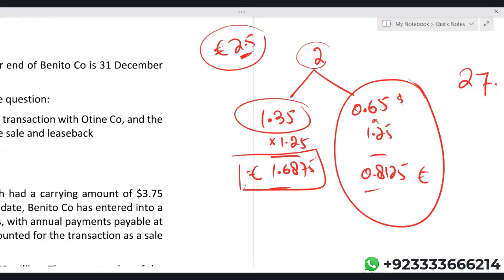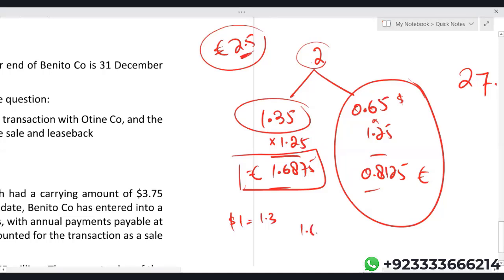Repeat. The value which we have to translate is actually not the entire 2.5 million euro. It is euro 1.6875 million. Now, the exchange rate is $1 equals 1.3 euro. I have to convert that into dollars so that we can consolidate.